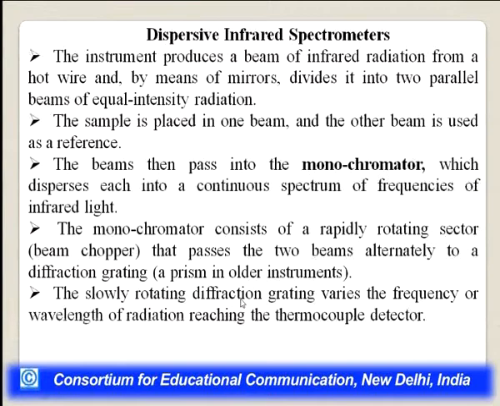The slowly rotating diffraction grating varies the frequency or wavelength of radiation reaching the thermocouple detector. The detector senses the ratio between the intensities of the reference beam and sample beam. In this way, the detector determines which frequencies have been absorbed by the sample and which frequencies are unaffected by the light passing through the sample.